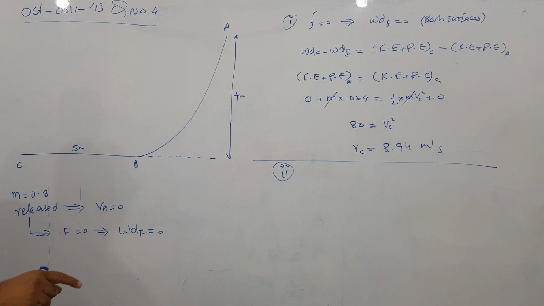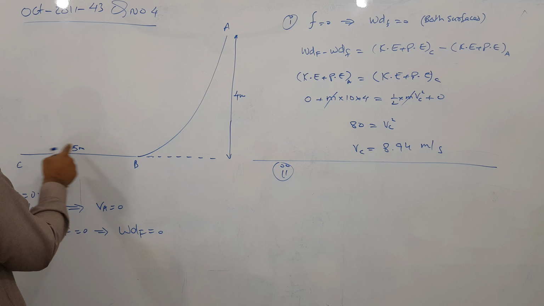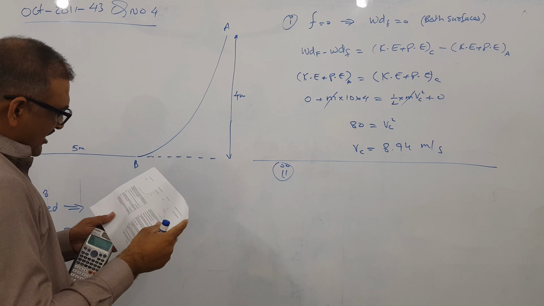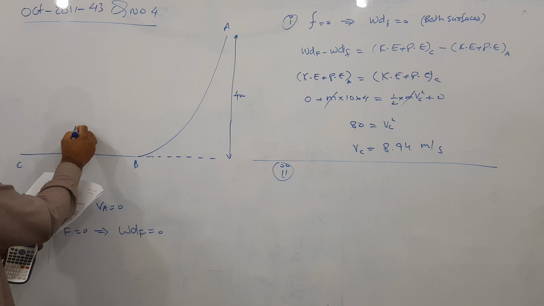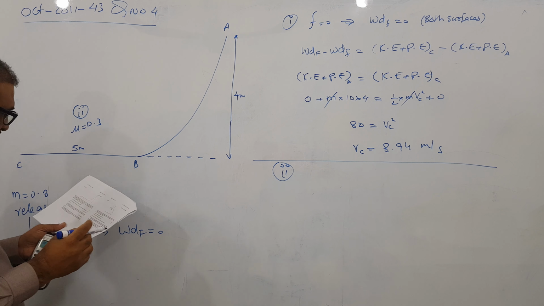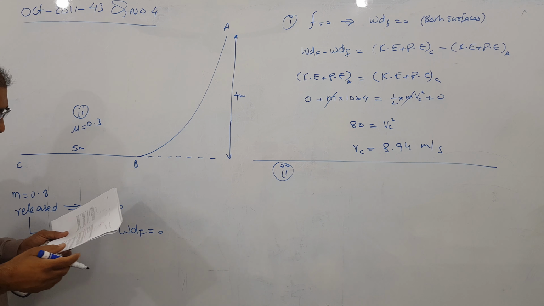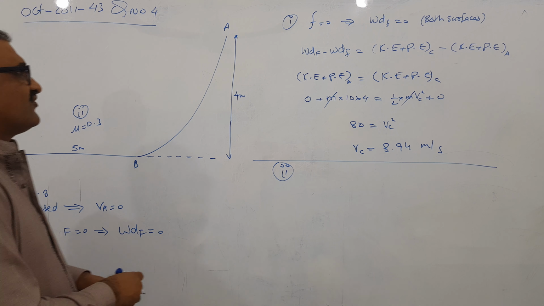Now part number 2, which we will do in 2 steps. It starts here and then there is a rough section, and the coefficient of friction given for part 2 is mu equals 0.3. We have to find the speed again.